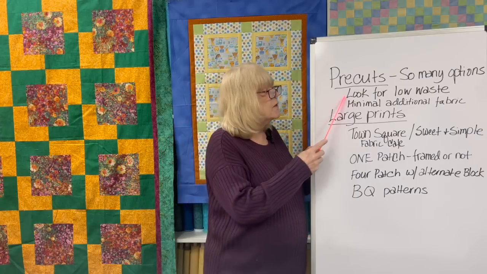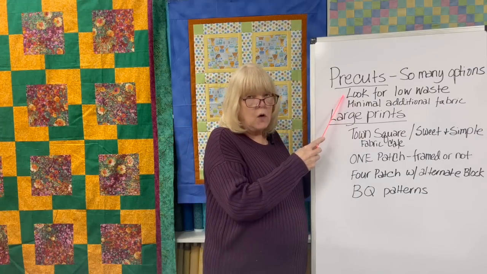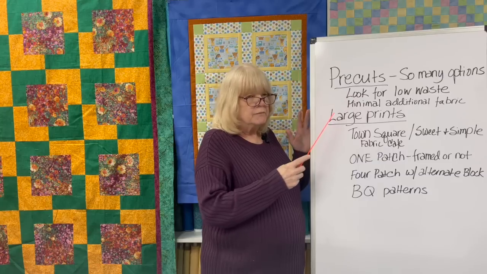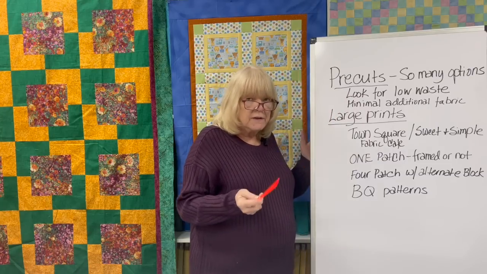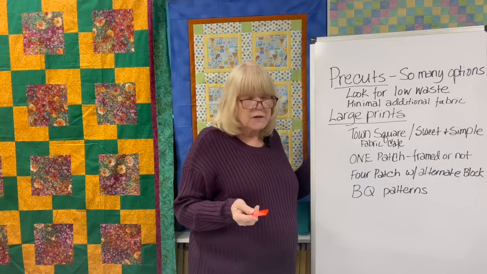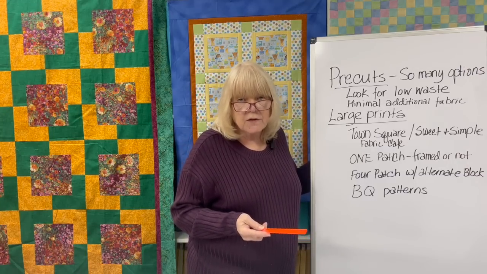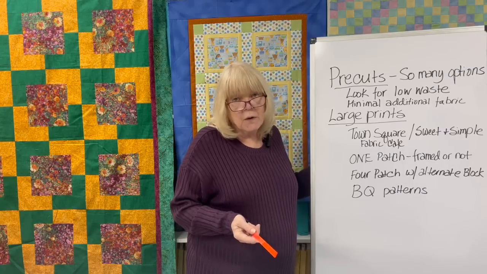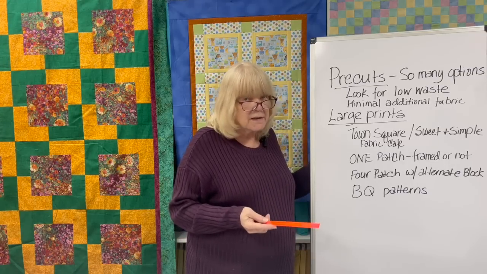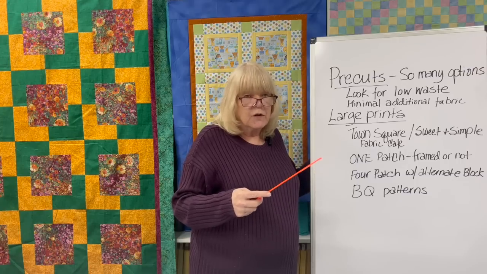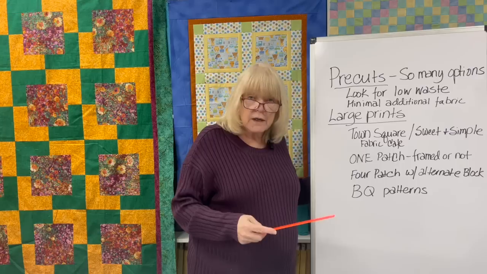So look for something that uses the whole layer cake or whole jelly roll. Oftentimes in layer cake patterns you will also see it uses 28 10-inch squares. Well, the layer cakes come 40 or 42, so that's a lot to waste. With a jelly roll, you don't want to use 32 of them. There's 40 in there.